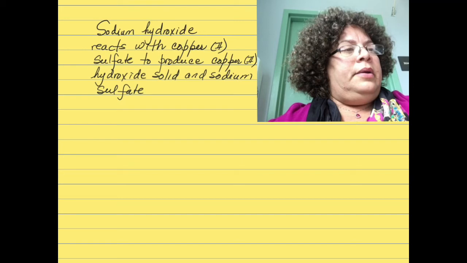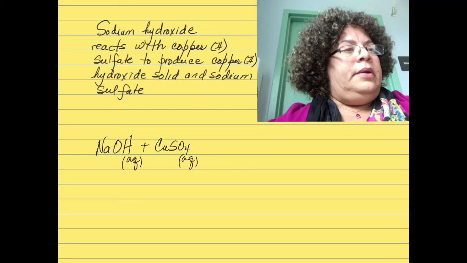You need to know how to write the chemical formula for different compounds. You know that sodium hydroxide is an ionic compound. Remember that we were using a solution, plus copper 2 sulfate, another ionic compound. Both of them are made of polyatomic ions.